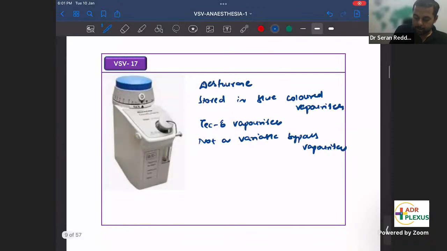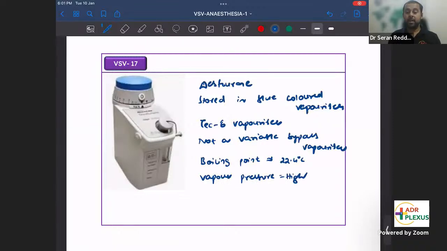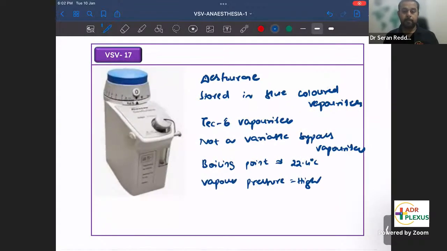For desflurane, the boiling point is low, approximately 22.4 degrees centigrade, and vapor pressure is high. Fine, this is about desflurane.